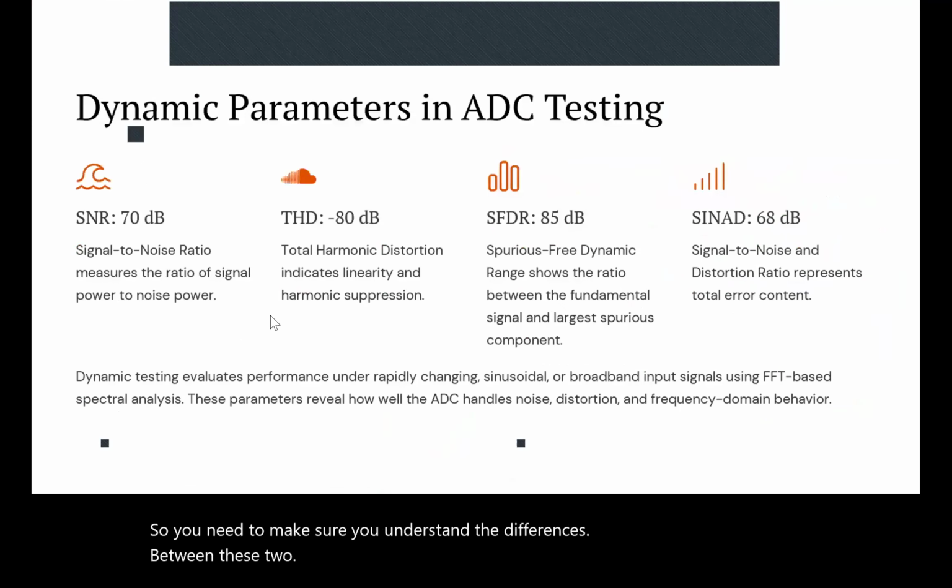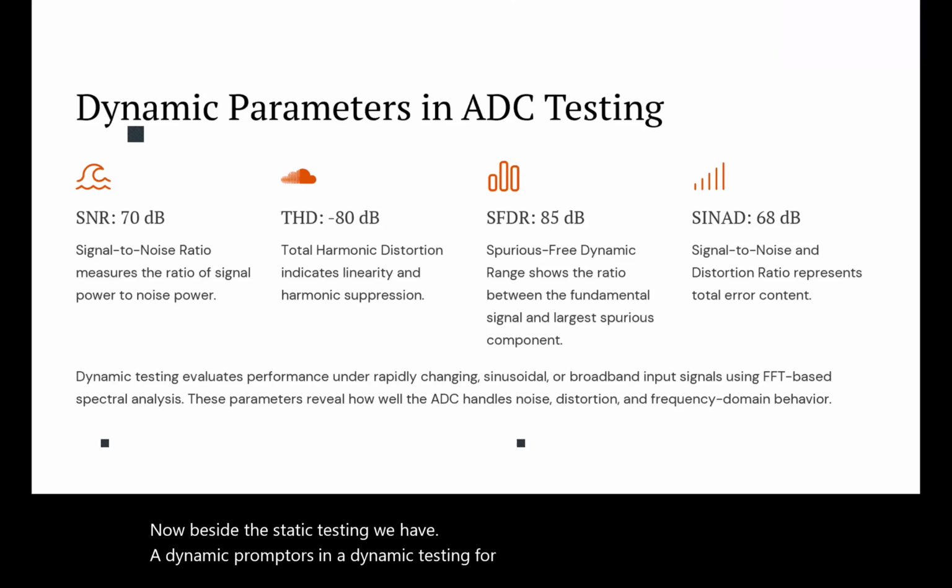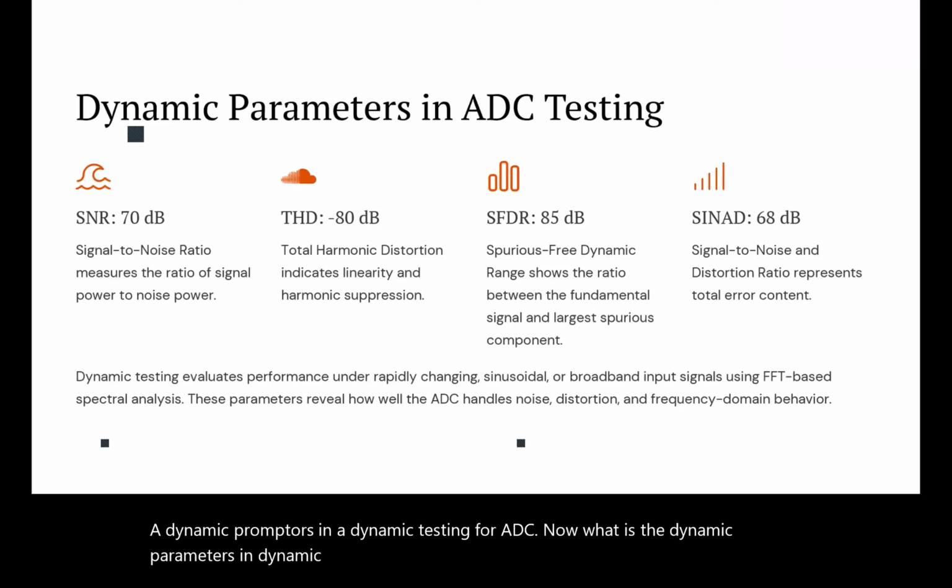Now, besides the static testing, we have dynamic parameters in dynamic testing for ADC. Now, what are the dynamic parameters? In dynamic parameters, we measure how well the ADC performs when we have a rapidly changing input.